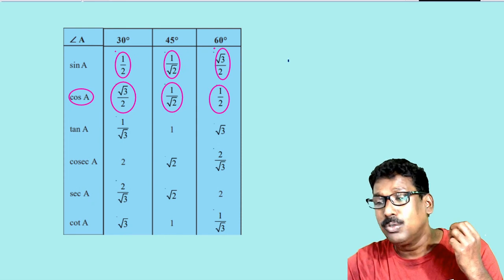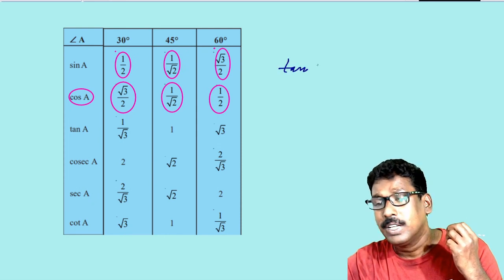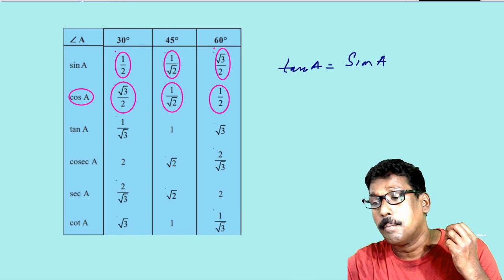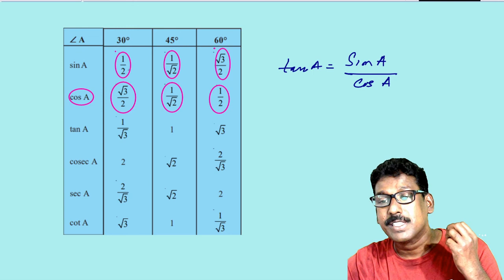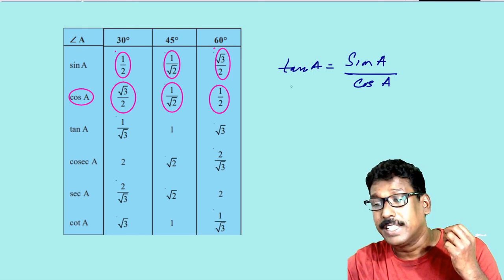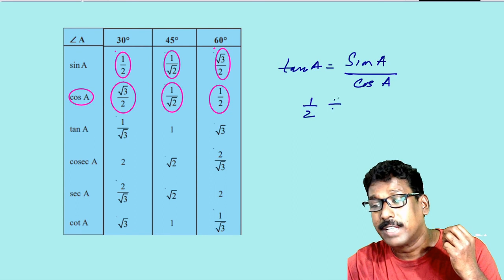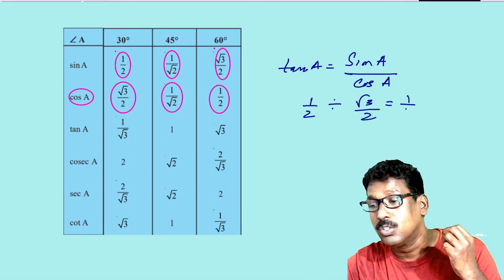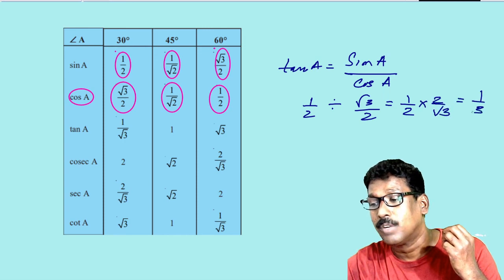Now tan A, you know that you can write it as sin A by cos A. That means here if you take sin 30, it is 1 by 2 divided by root 3 by 2, which is equal to 1 by 2 into 2 by root 3, which is equal to 1 by root 3.